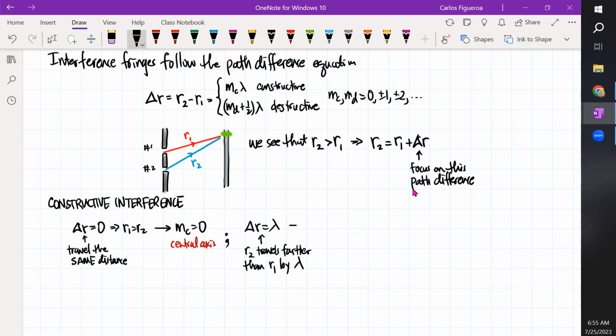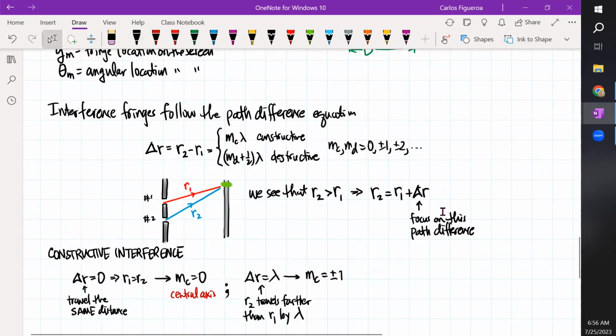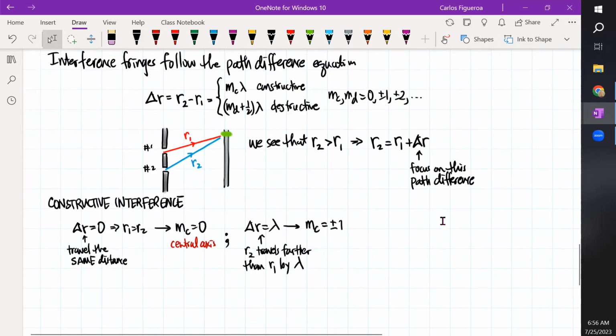Because this is one wavelength, we typically say that this guy is then going to be MC equals plus or minus 1. Now, why is it plus or minus 1? I can't really show you that right now. It turns out that it could go above or below the central line. This location is what we call the first interference.